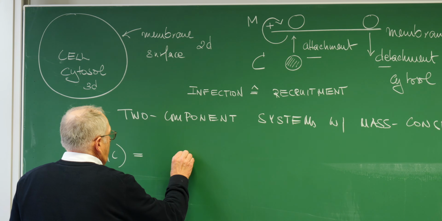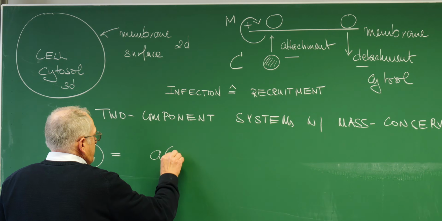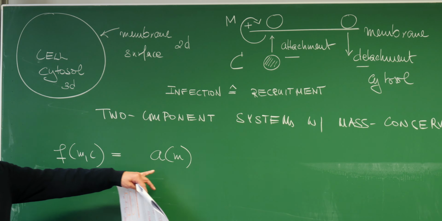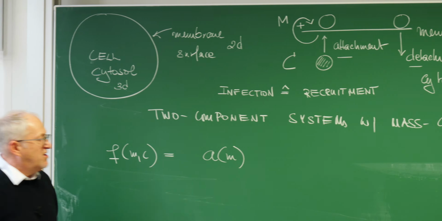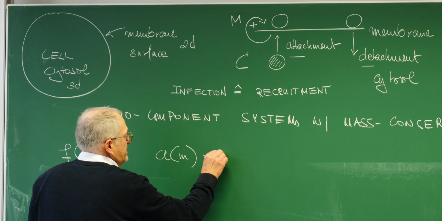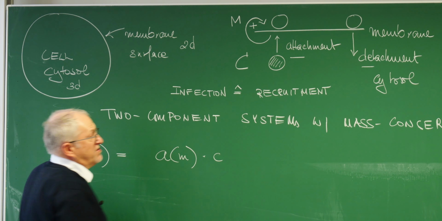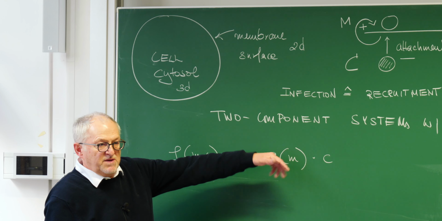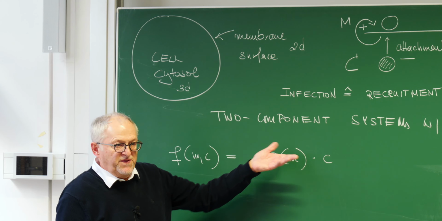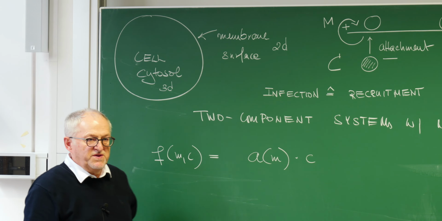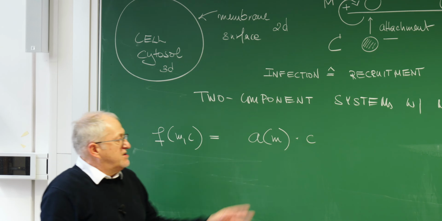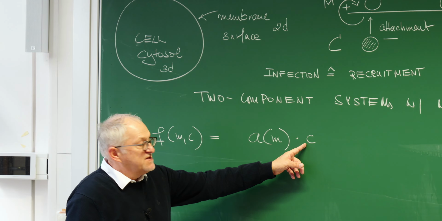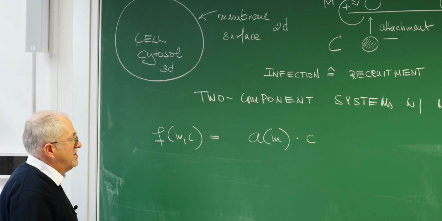So the structure of this function is typically such that there is a function a of m that depends on the membrane concentration times the cytosolic concentration. Okay, and this could be a constant, and then it would just be attachment, and if it's some function of m, it could be recruitment and all these things. And it's always proportional to the cytosolic concentration because that's what you transfer from the cytosol to the membrane.